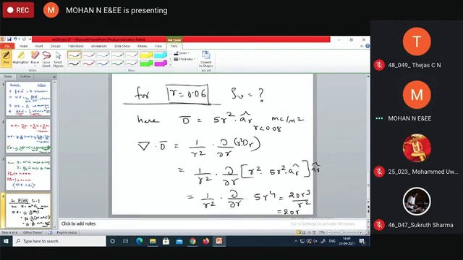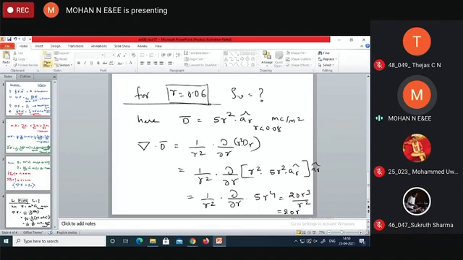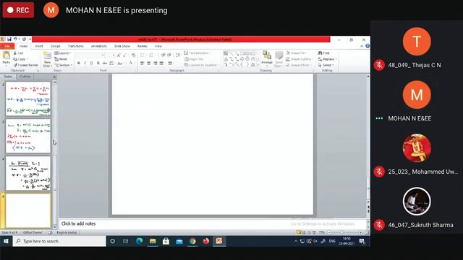So I repeat, I am making use of Maxwell's first equation to find rho v. For that, I need to find the gradient of D vector. This is the expression for gradient of D vector using spherical coordinates. I got 20 r, which is my expression for rho v.